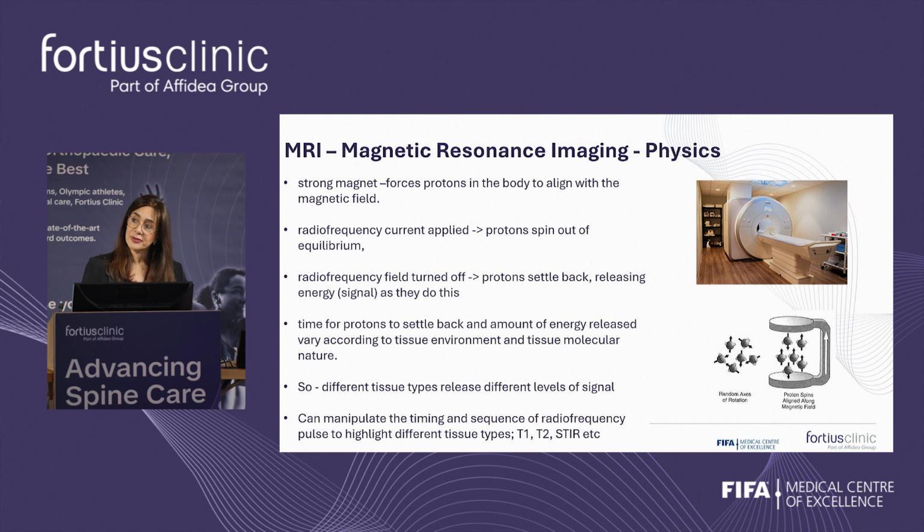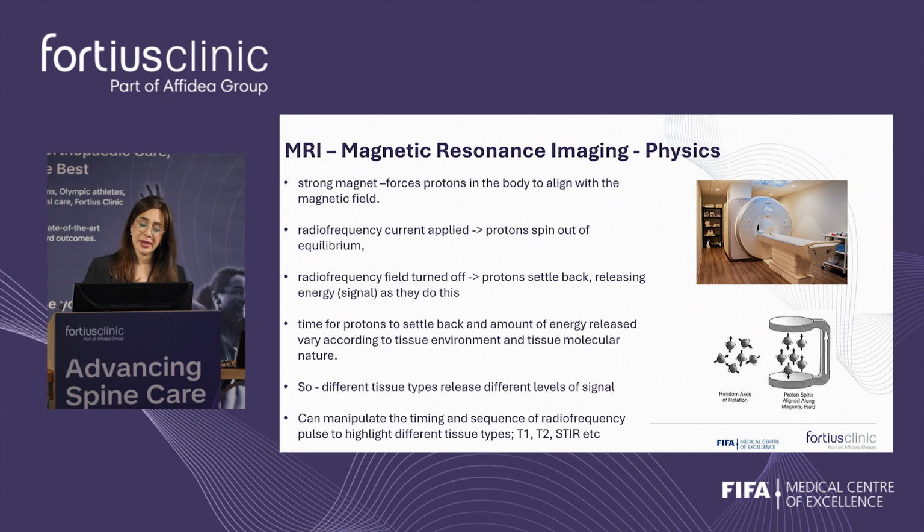That is then turned off, and they'll start to recover back into that alignment. And it's the time taken for that realignment to occur that will give us some information. So that time and the amount of energy released also will vary according to the different tissues. And that is how we get the information. And that energy, or what we call signal, is translated into a shade of grey on the image.